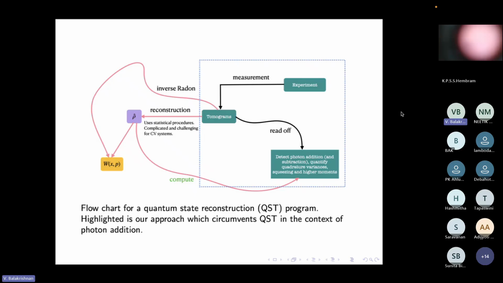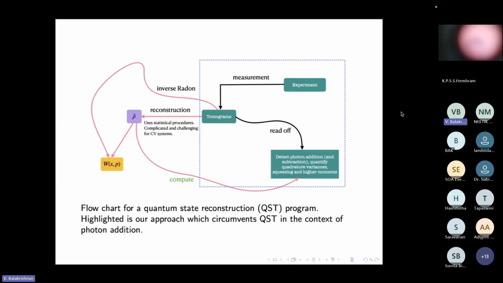So one can ask a very sensible question. Instead of constructing the density matrix and then computing various properties, in optics, for instance, detecting photon addition and subtraction, quantifying quadrature variances, computing the mean photon number, getting hold of the higher moments and so on from the density matrix.